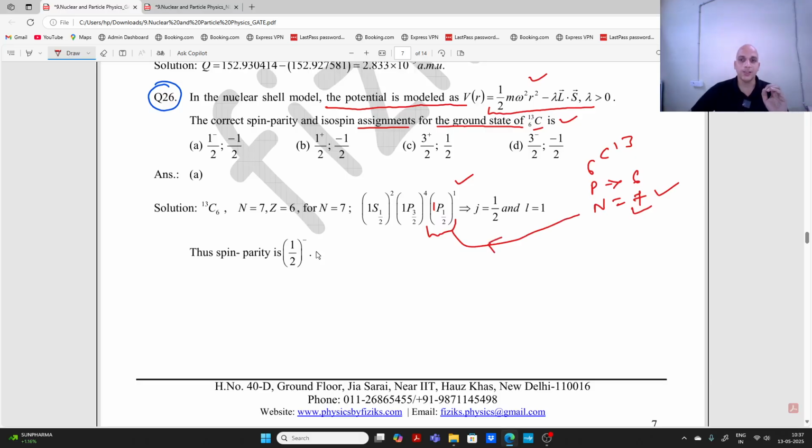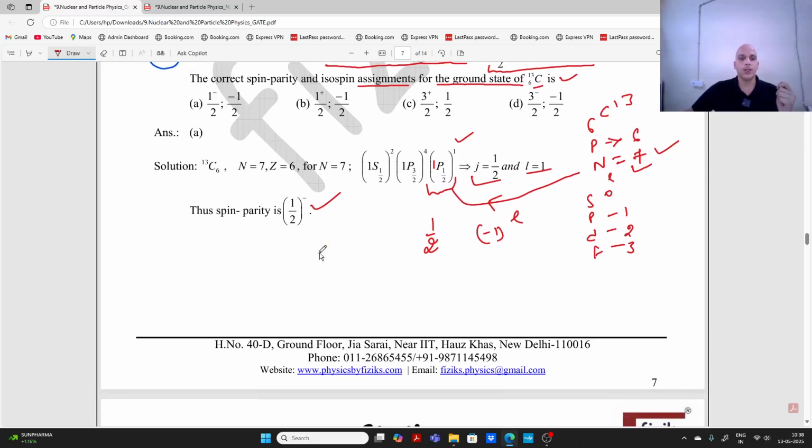So we have J equal to 1/2 and L equal to 1. So the spin is 1/2, parity is (-1) power L, because for p we have s, p, d, f as 0, 1, 2, 3. This is L, right? So L is equal to 1. So it means it is negative. So spin parity is negative.